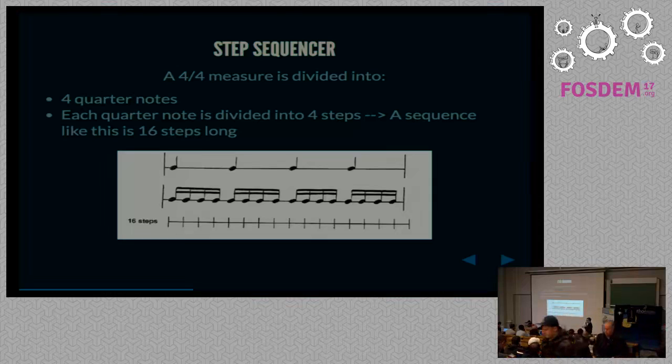So, for example, a 4/4 measure is divided into 4 quarter notes, and each quarter note can be divided into 4 steps. So a sequence like this is 16 steps long. Okay, so this is the musical notation corresponding to that.